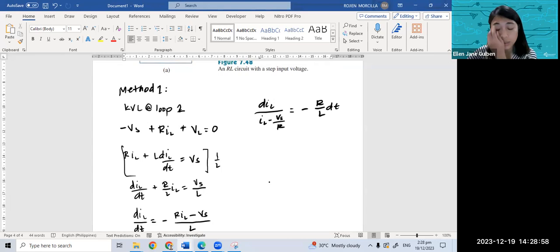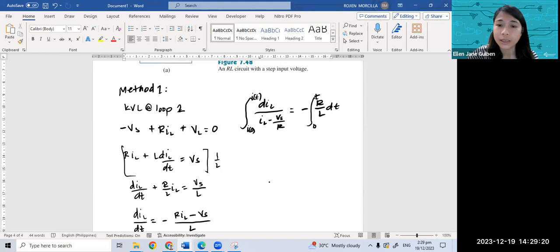So now that we have separated the variables, we will integrate. This one with the assumption that it started at 0, from 0 to t, and this one with the assumption that I started at I of 0 and goes to I of t.